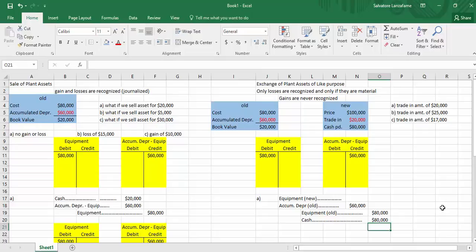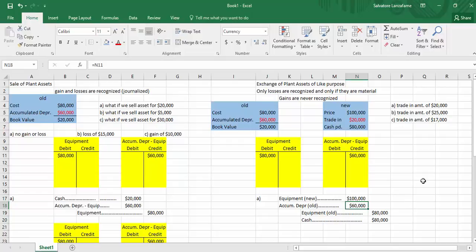My debit side has to also equal 160, so the missing number is 100,000, which so happens to be the same number that's in the chart. If you notice, basically we got rid of the old equipment along with its contra, we added the new equipment, and we recorded the cash. Okay, so basically most of our numbers came from the chart.